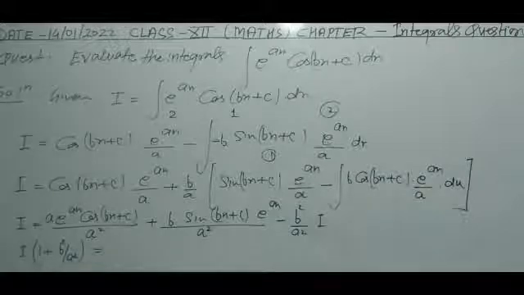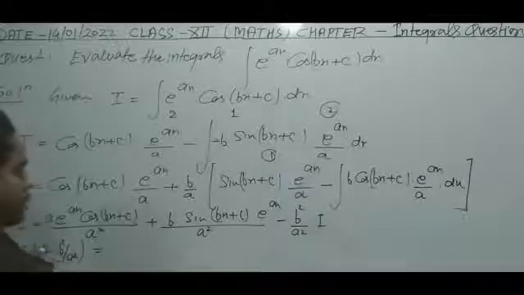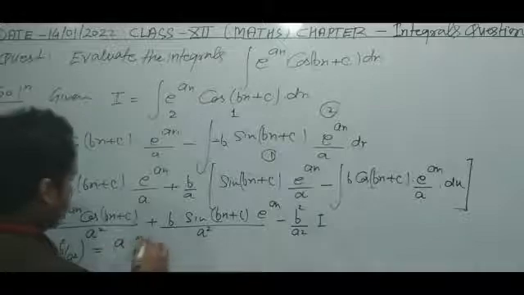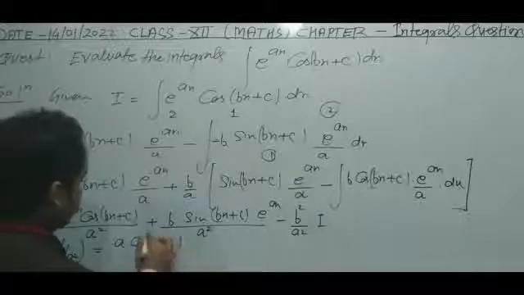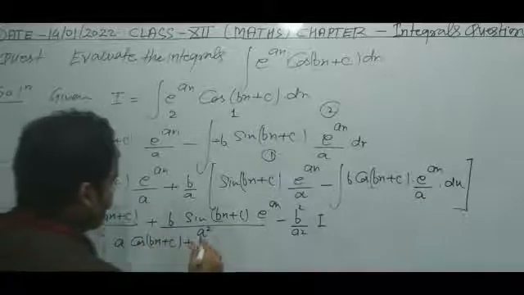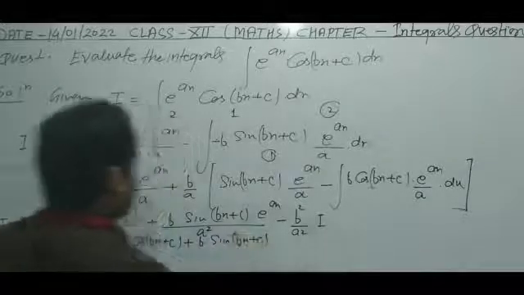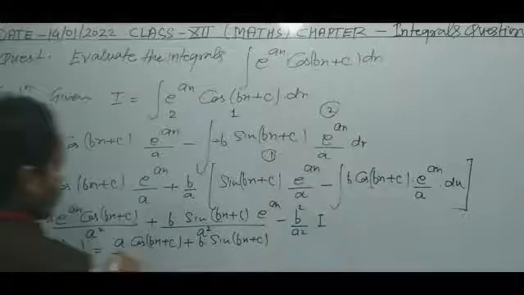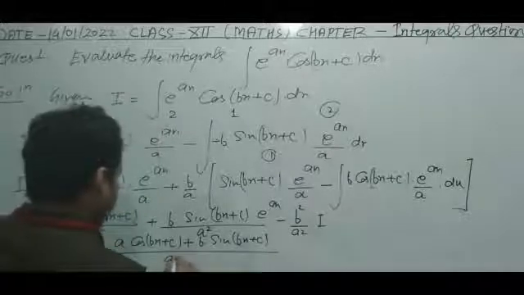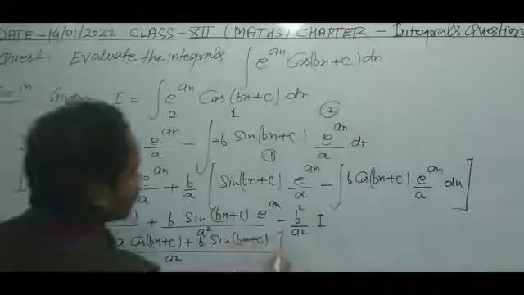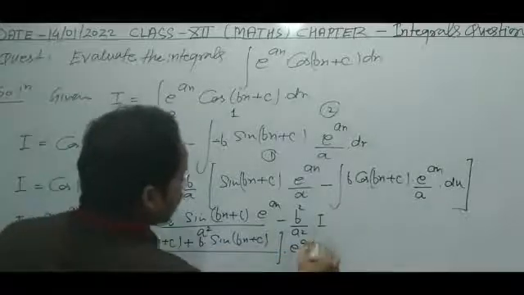So a cos bx, what will be the result? 1 plus b square by a square, a times cos bx plus c plus b times sin bx plus c, whole upon a square with e to the power ax.